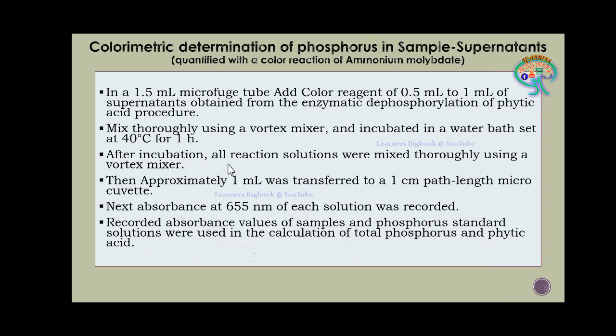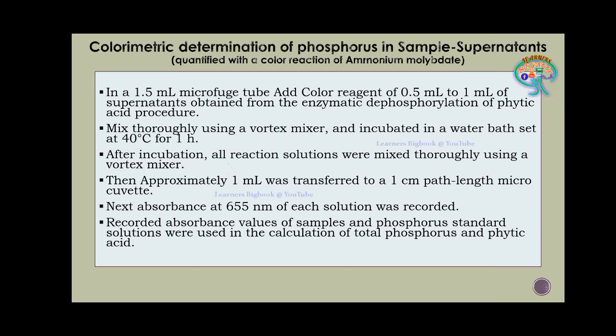Now here, this is how you are going to extract the sample, dephosphorylate it, treat it with the coloring reagent, and record the absorbance, that is for the single sample.